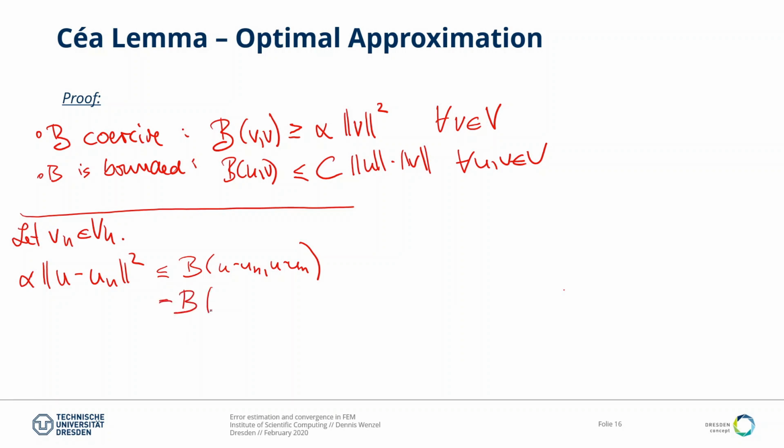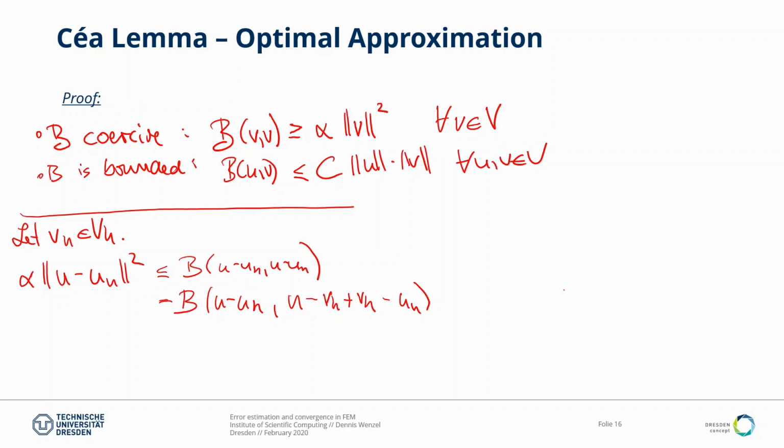I'm keeping the first argument constant, so u minus UH. But in the second argument, I'm inserting this arbitrary VH that I've introduced here with plus and minus. So I'm taking minus VH plus VH. That's combined again a 0, so no harm done, minus the UH that I had before.